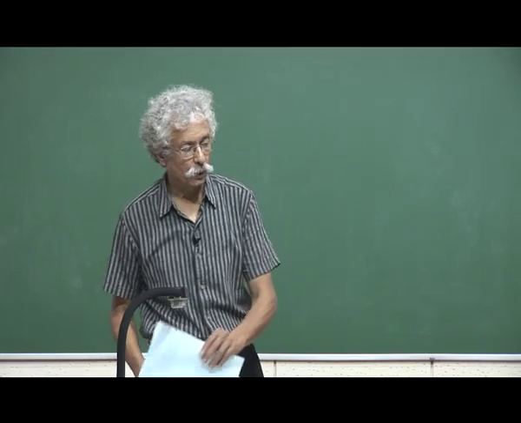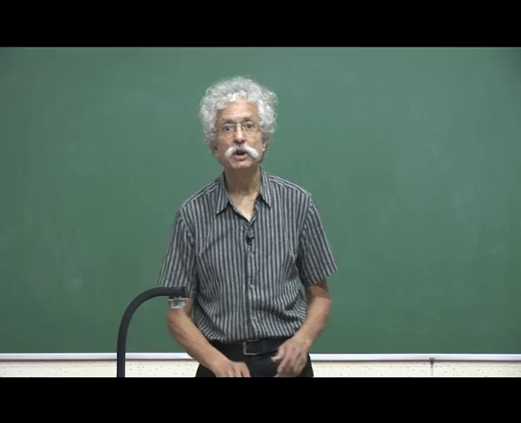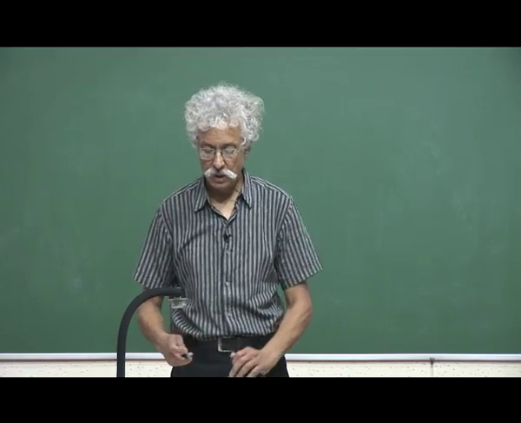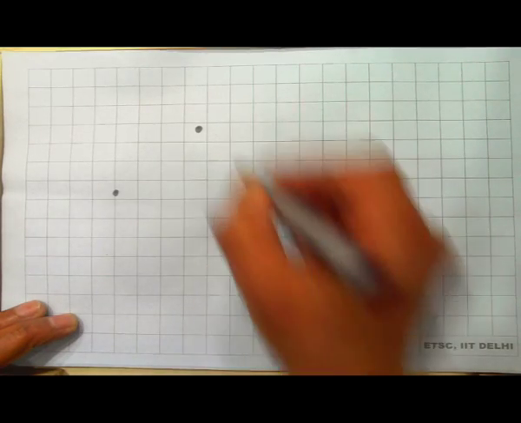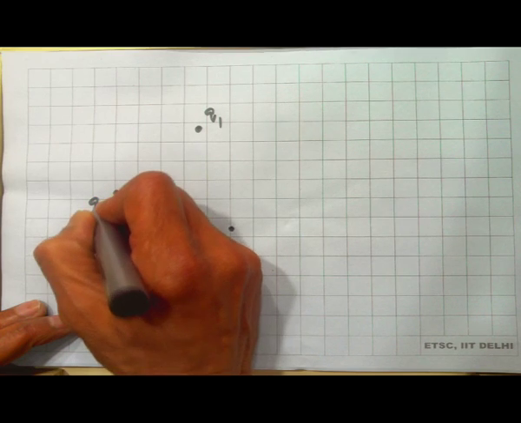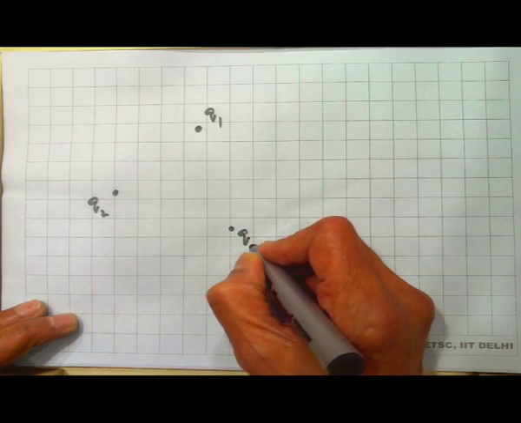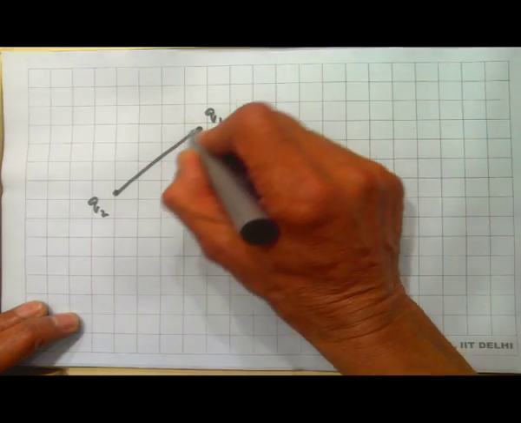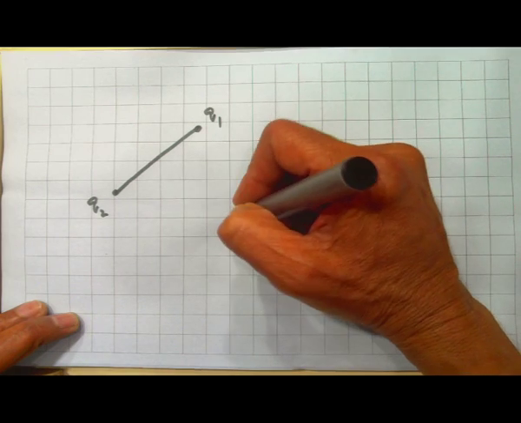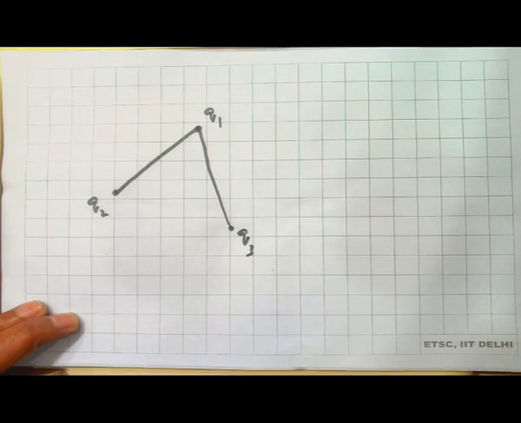And then we also discussed the principle of superposition, where if you have one charge q1, another charge q2, and a third charge q3, the force between charge q1 and q2 is independent of the presence of the charge q3.